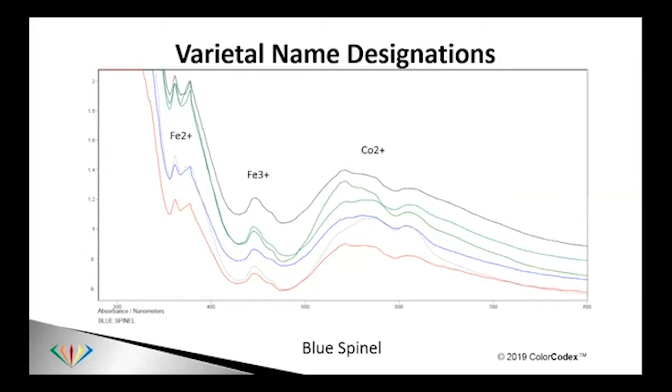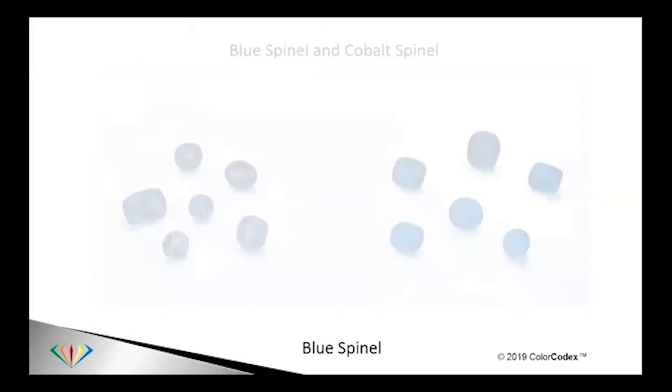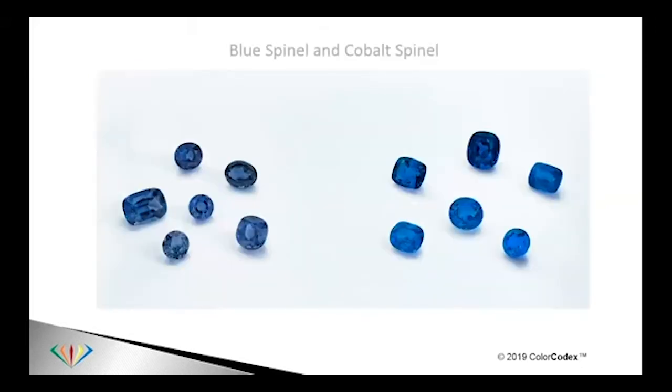And so you start to fall out. You could have others such as chromium and vanadium, which can also be in effect. But we start to see how we have set up objective criteria to distinguish those stones that we would classify as a blue spinel or a cobalt spinel. And when we take that criteria and separate those stones, one of the things you also see is that visually they look different also.